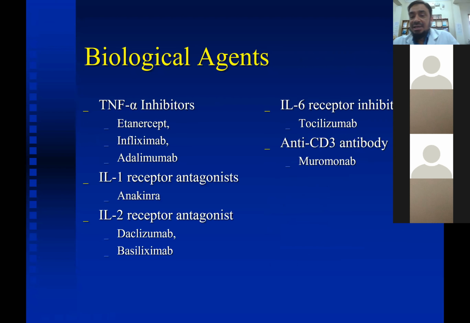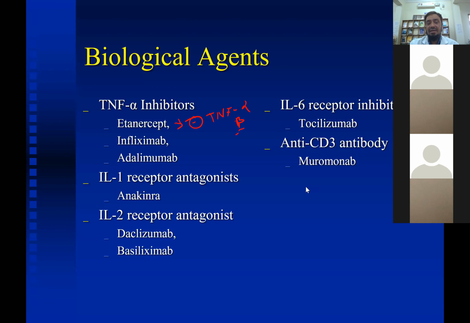Now, coming to biological agents. They are tumor necrosis factor alpha inhibitors like etanercept, infliximab, adalimumab. This etanercept can inhibit both TNF alpha as well as TNF beta.